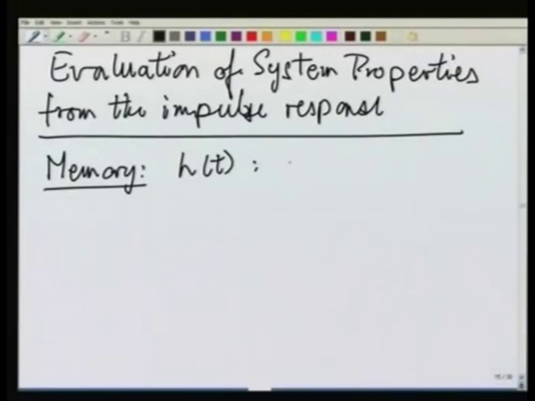Now, in such a case, what can we say about the impulse response, or what do we find as a property in the impulse response? We will find that the impulse response h(t) has to be of the form k times delta(t) for a memoryless system.